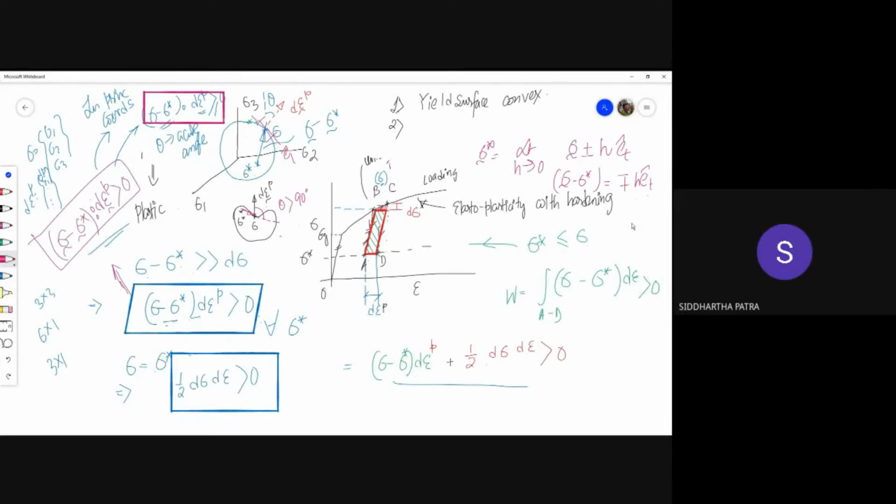And if I take the dot product with d epsilon p, that would essentially be minus or plus h et dot d epsilon p, and that needs to be greater than or equal to 0.